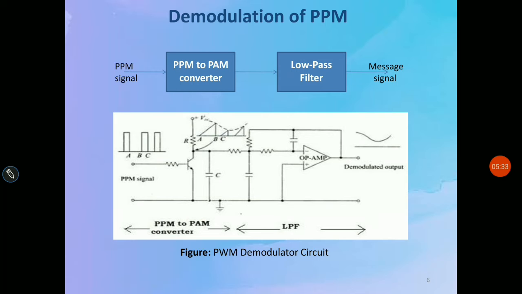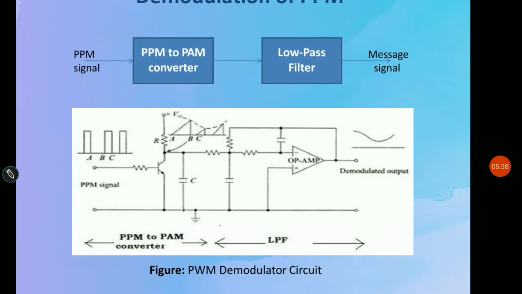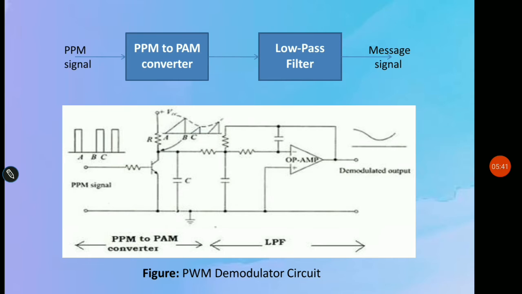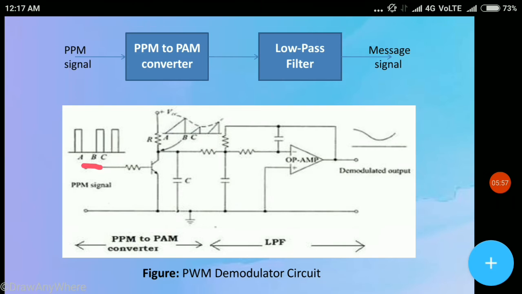This utilizes the fact that the gaps between the pulses of a PPM signal contain the information regarding the modulating signal. During the gap AB, between the pulses, the transistor is cut off and the capacitor C gets charged through the RC combination.